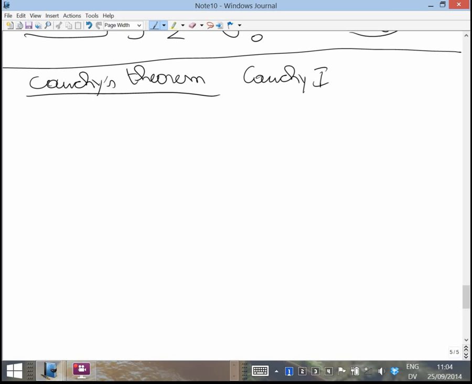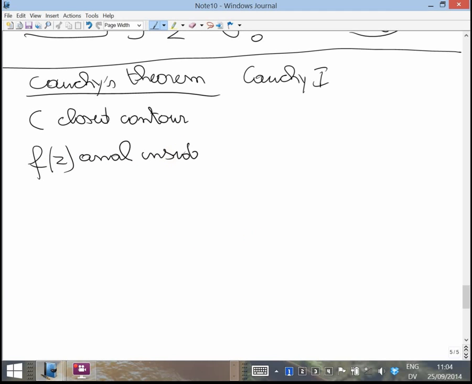Okay, what does Cauchy number 1 teach us? Well, it deals with C, a closed contour, as many of these theorems do. And we have a function f of z, which is analytic inside that contour. So we have our potato-shaped contour.